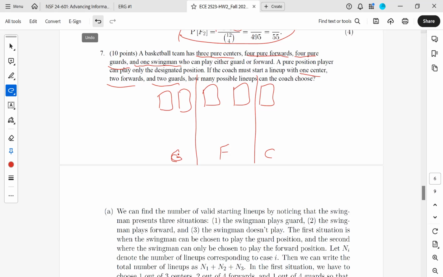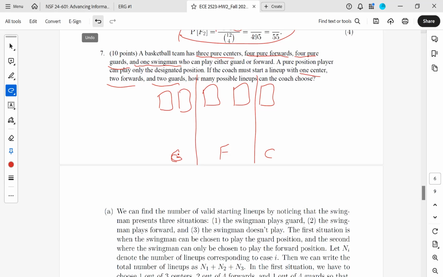Okay, but when we want to choose the forwards and guards, now the coach has freedom to choose. For the guard, either from the players that are purely trained to be guard, or the coach could choose the swingman as one of the guards.